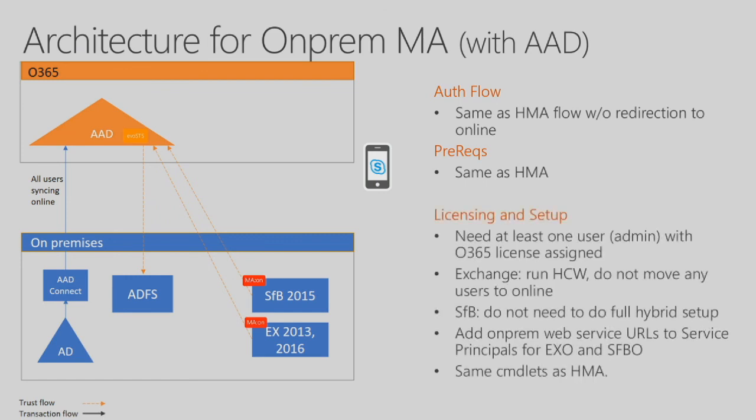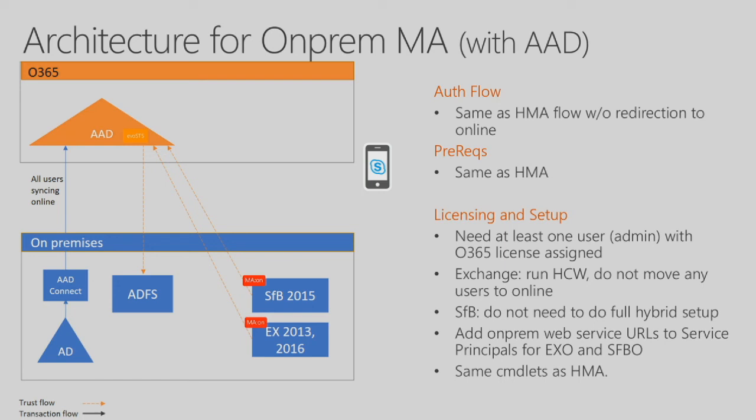The one difference is with the licensing. You have to have at least one person with an Office 365 license assigned, and specifically, that Office 365 license has to include Exchange and Skype for Business. The reason you have to do that is because you have to configure AAD with the on-prem web URLs, okay?